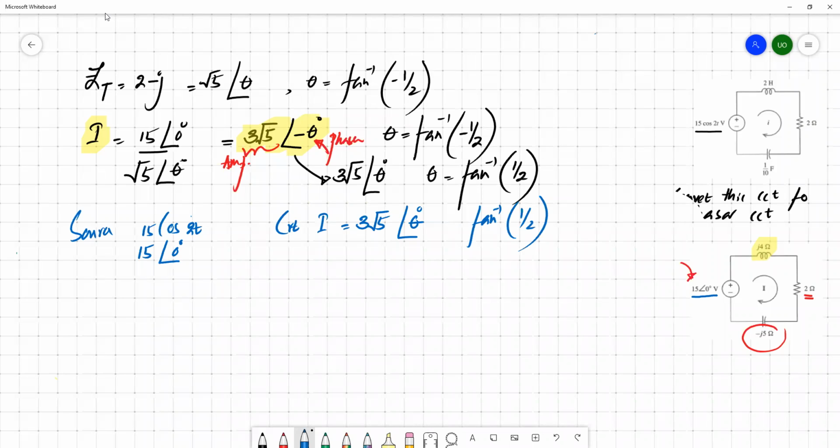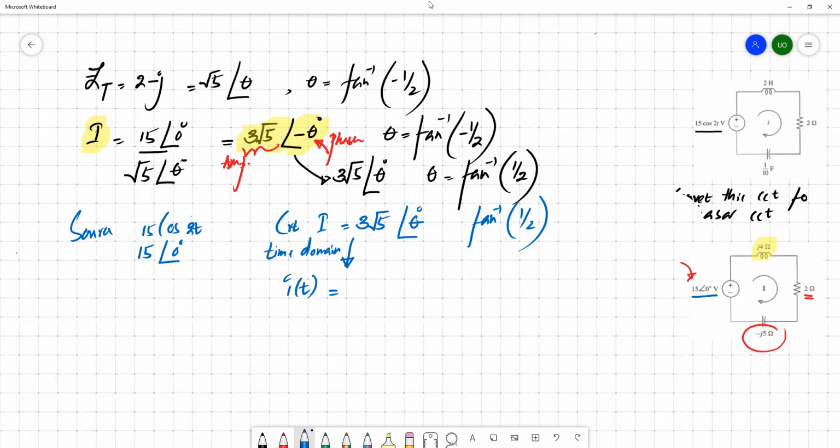So how do you convert this back to the time domain? 15 is the amplitude, and the angle is here. So you can simply convert it to the time domain by this.